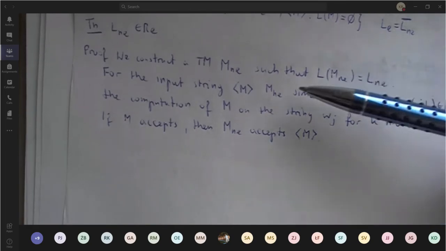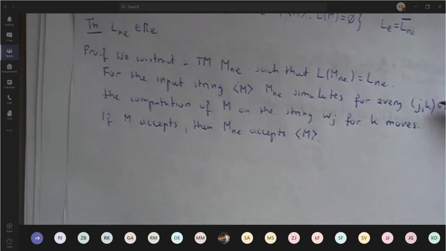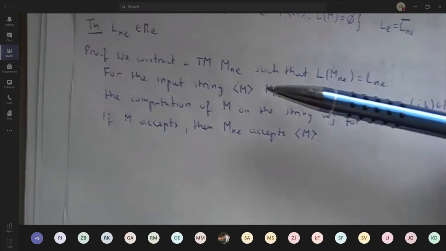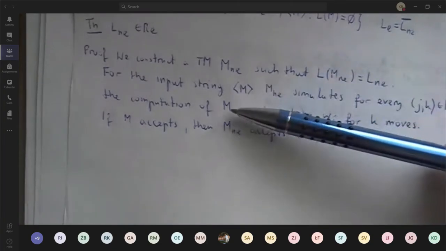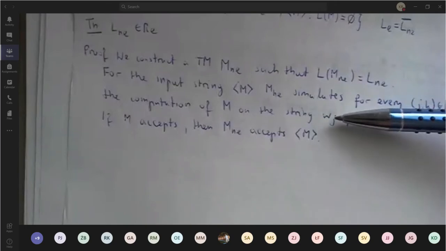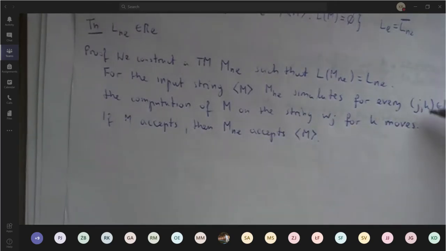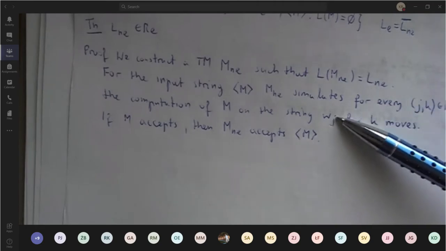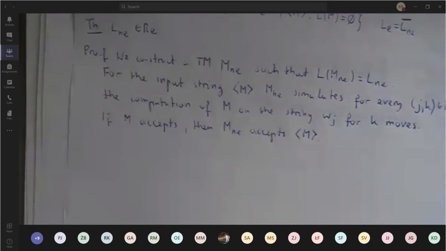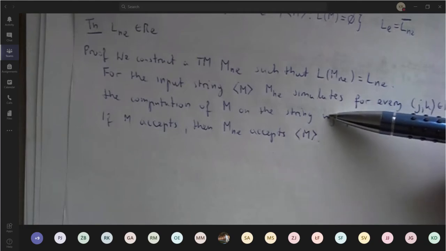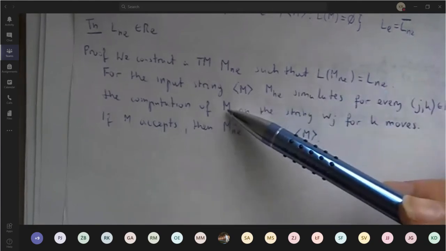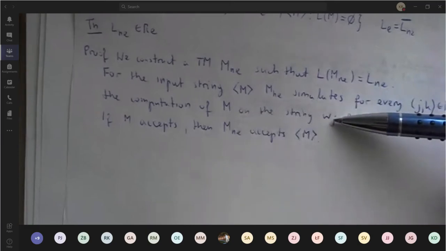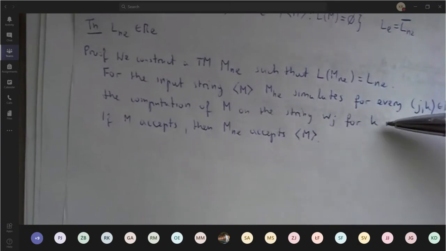So our Turing machine generates these pairs, and for each pair, it runs this Turing machine M on the input string. So it generates the pair JK. Then it generates the J-th word in canonical order. So for every JK, it generates Wj, and then it runs M on Wj for K moves.